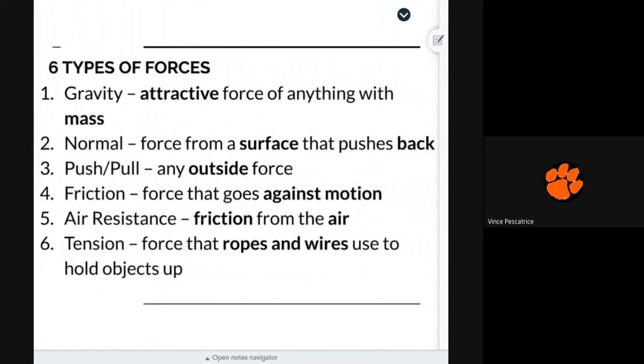So there's 6 types of forces. All right, 1, gravity. It's the attractive force of anything with mass. So like I said, the Earth has mass, and it is way more massive than you or I, right? We often confuse mass with weight, and weight is actually a combination of mass and gravity. So your weight is how much gravity is affecting your mass.